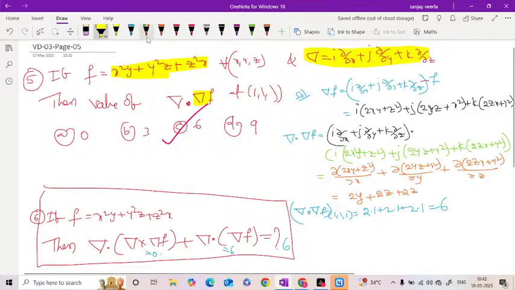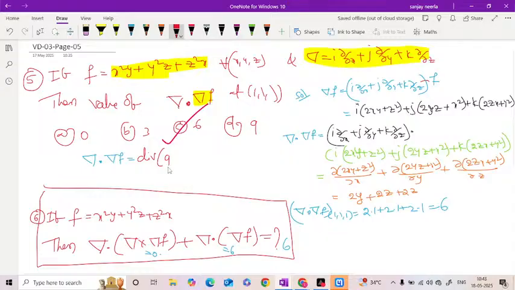Same problem, we can write it as the divergence of the gradient of f. Because f is a scalar point function, del f is the gradient of f, and del dot del f means the divergence of the gradient of f. So this is our question.